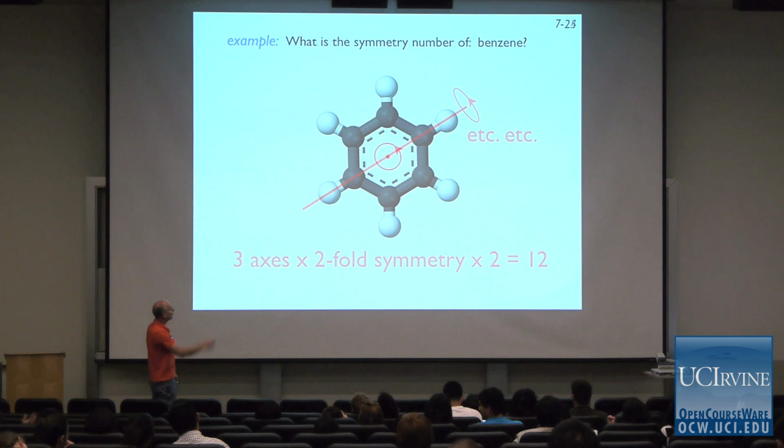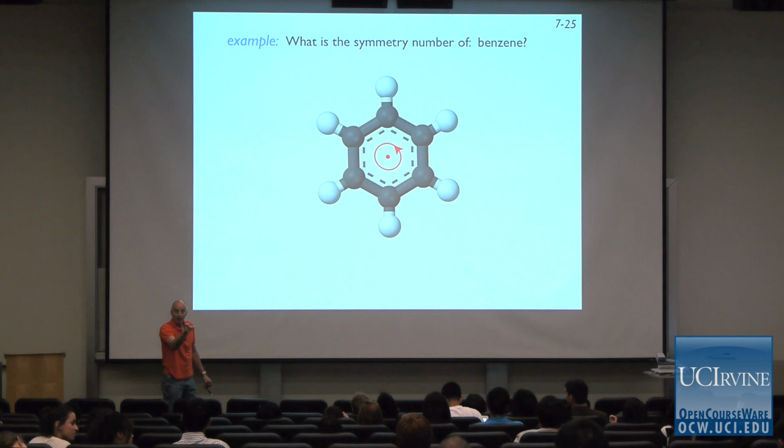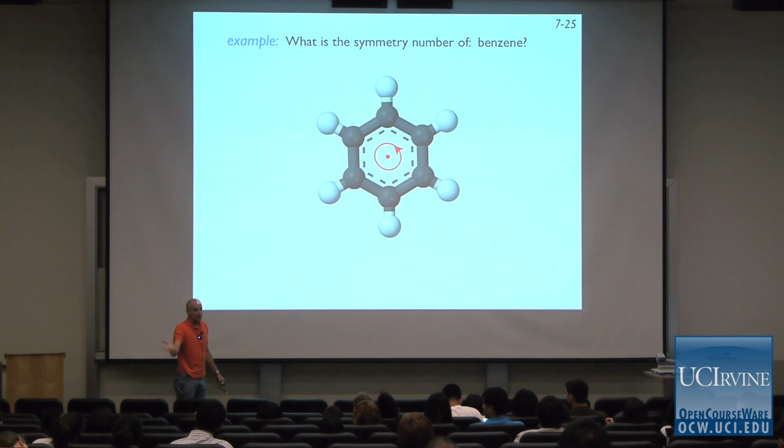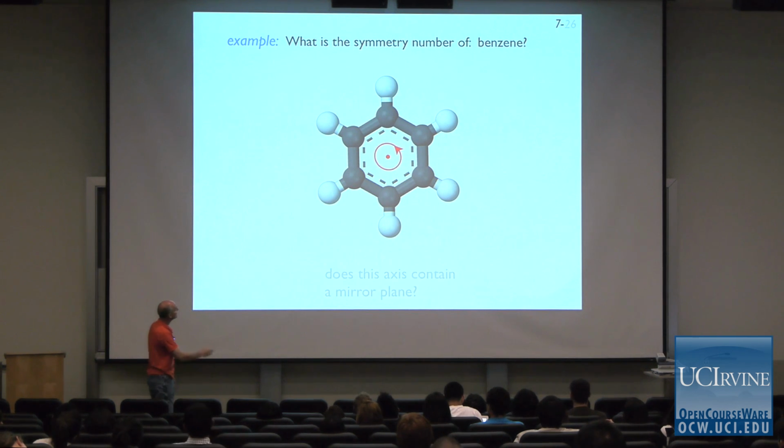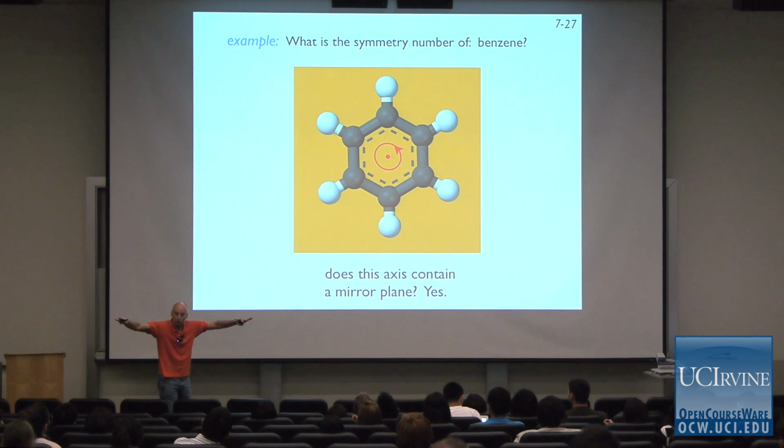I could also draw the axis right through the center of the molecule coming out of the screen. I could choose that as an axis too. How many of those axes are there? 1. Is there a mirror plane? Yes. It's right in the plane of the screen. It goes right through, cuts the molecule right in half.